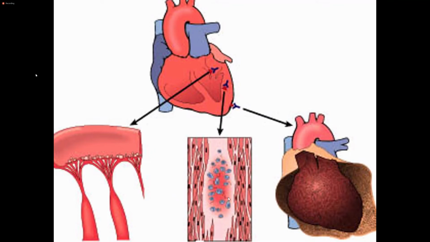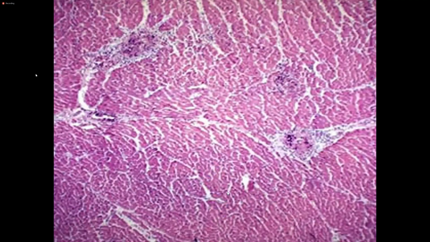In the myocardium will be the Aschoff bodies, which I will show you. And in the pericardium, in the form of fibrinous pericarditis.